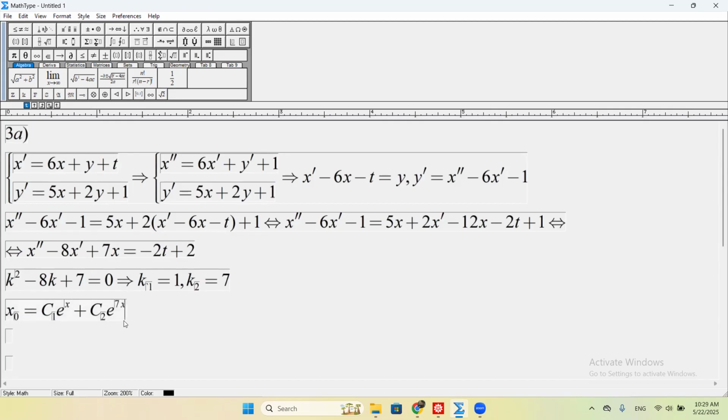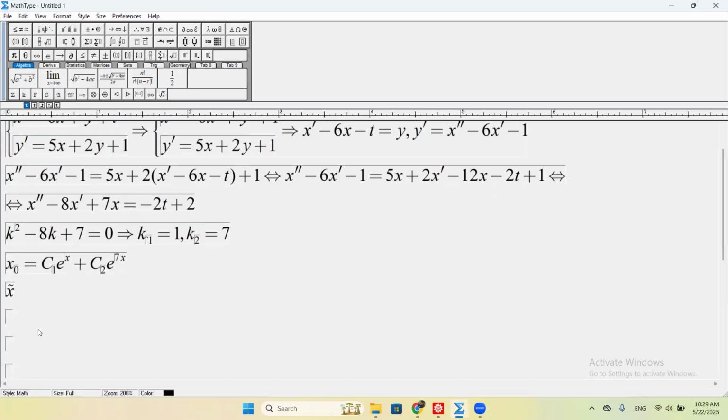Now, what about partial solutions? According to the right side, this is a polynomial, a special function with control number 1. So x partial will be found as a polynomial of the first power, so a linear function. So let's differentiate and substitute into this inhomogeneous equation.